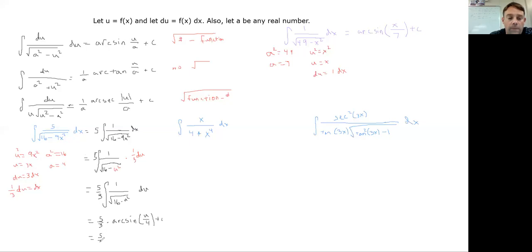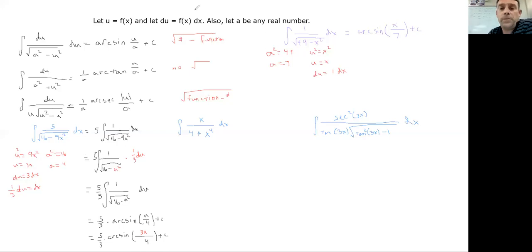It's not going to go away. I didn't have to use it on our first example because everything was all balanced up for us. And let's see, what was u again? U was 3x. So there we are.